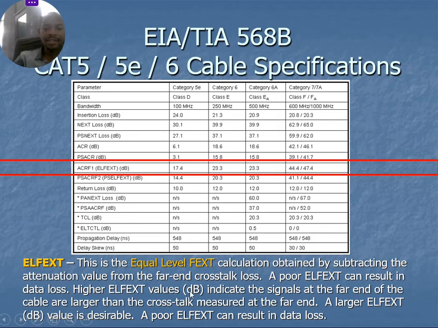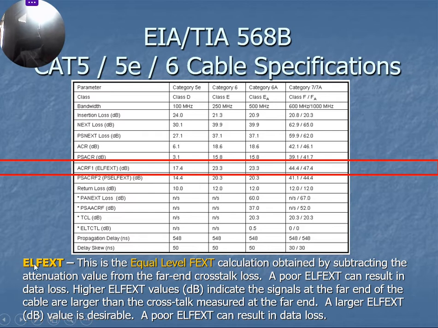A high ELFEXT value in decibel indicates the signal at the far end of the cable is larger than the crosstalk measured at the far end. So when you have an equal level far end crosstalk value that is bigger, it shows that you have better data at the receiving end, because your data received is greater than the crosstalk in the signal, hence it's a better value.